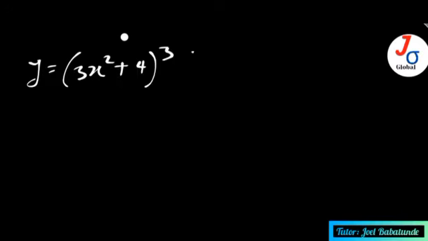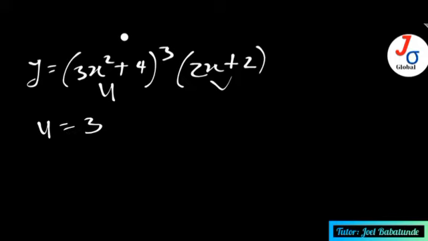All right, so let's say y equals (3x squared plus 4) all raised to the power of 3, times another function, 2x plus 2. So let's say this is our u and this is our v. So u becomes (3x squared plus 4) cubed, and our v becomes 2x plus 2.